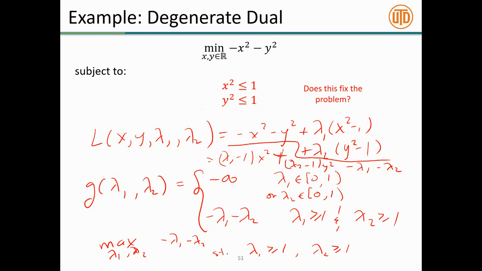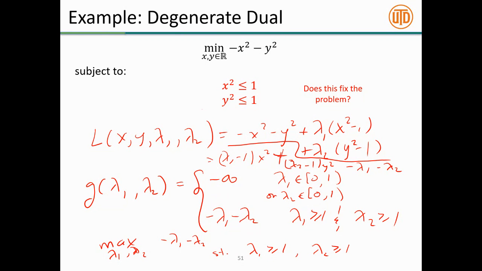We can just implicitly impose that constraint, because if it is not satisfied, the solution is negative infinity. So these places where we get negative infinities when we take the infimum of the Lagrangian will turn into constraints in the dual problem.